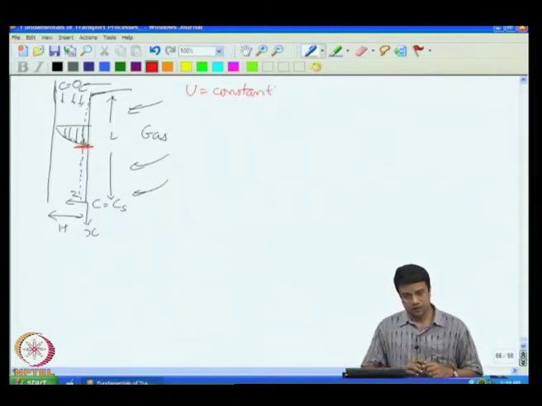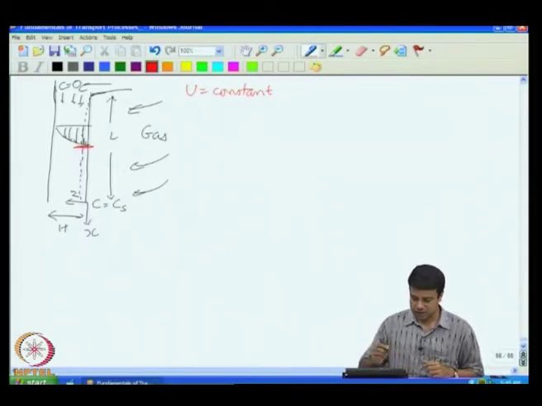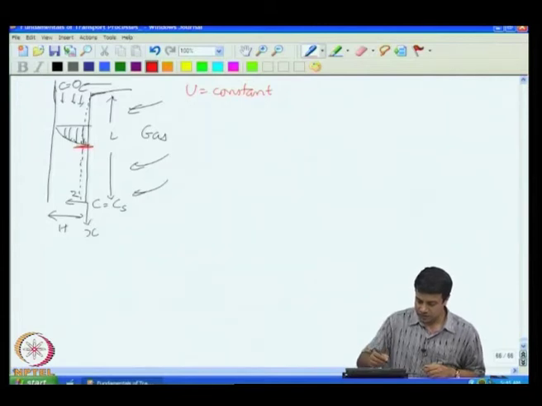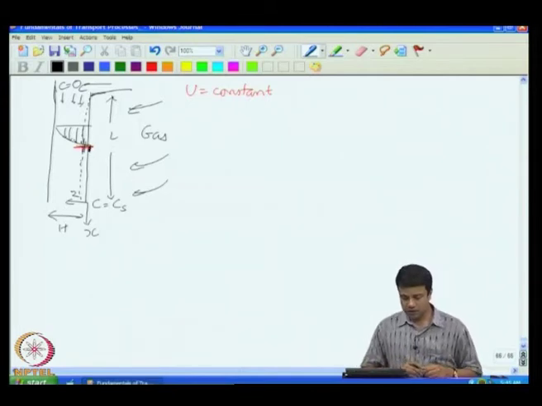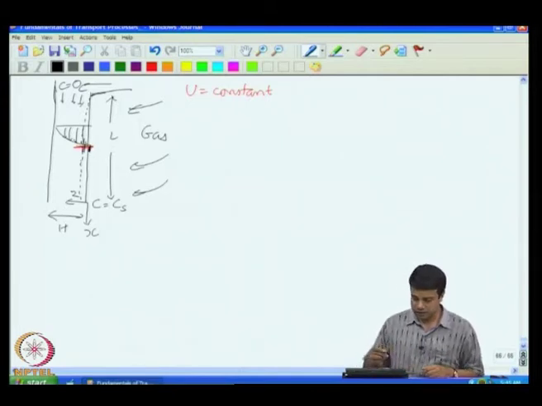This is an assumption. This is valid if and only if the depth to which the concentration has penetrated is small compared to the total height h. In other words, I require that the change in velocity between these two positions has got to be small compared to the magnitude of the velocity itself.